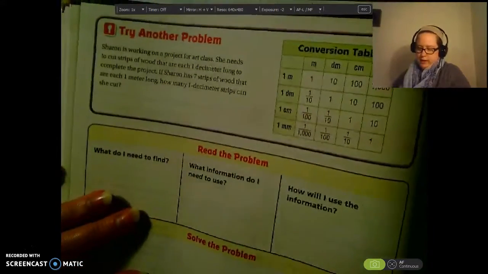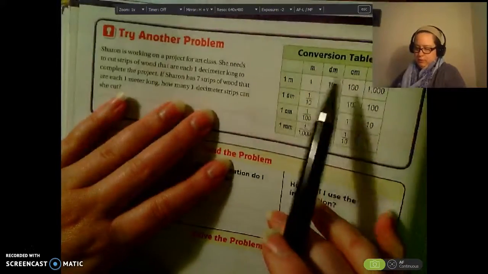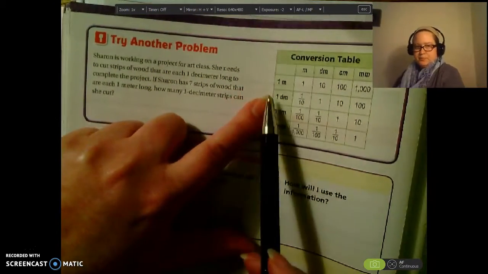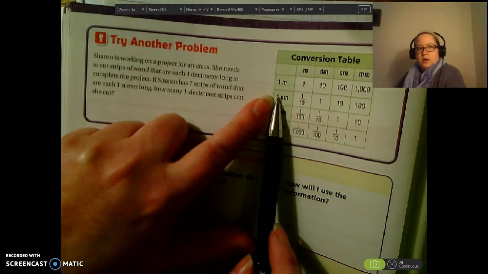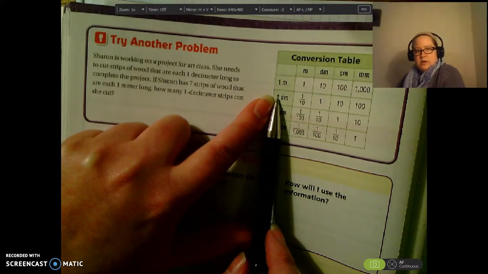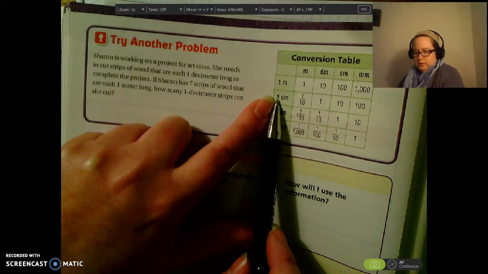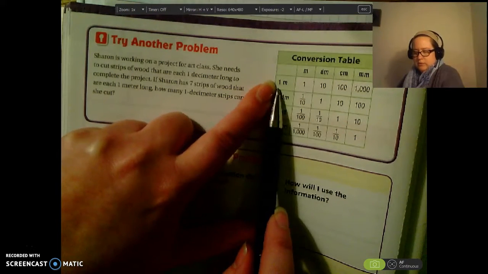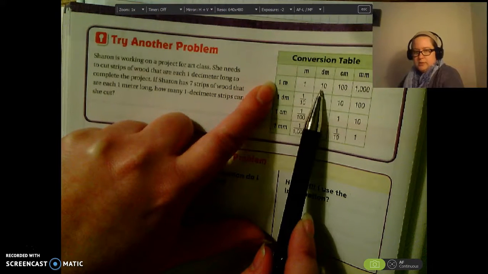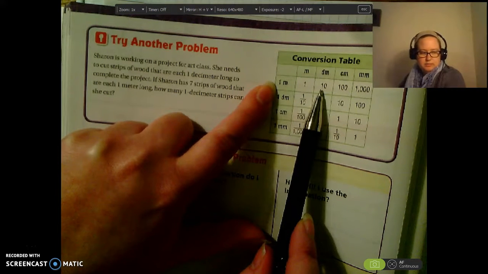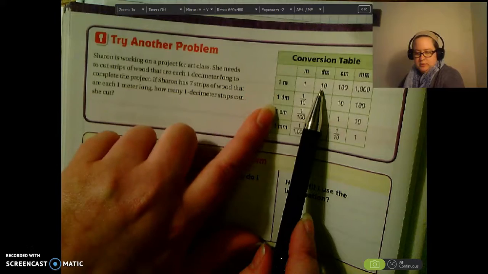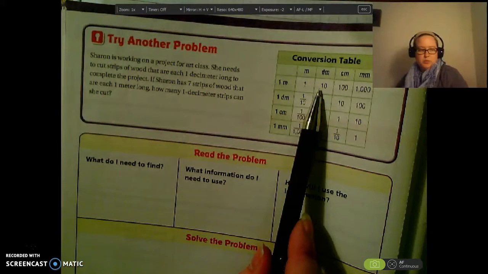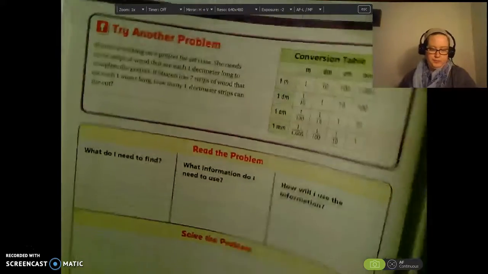If we have 1 decimeter, and we have meters, so we want to go meter, 1 meter equals 10 decimeters. Okay, so 7 strips of wood that are each 1 meter long.